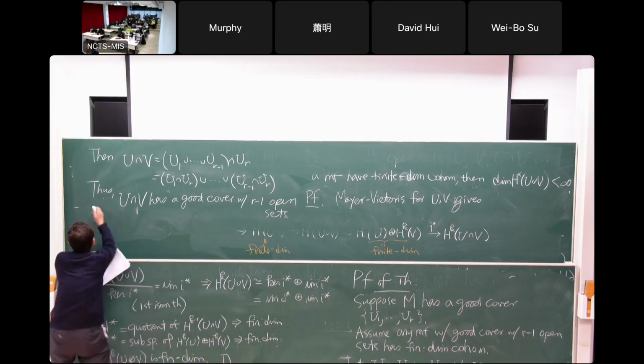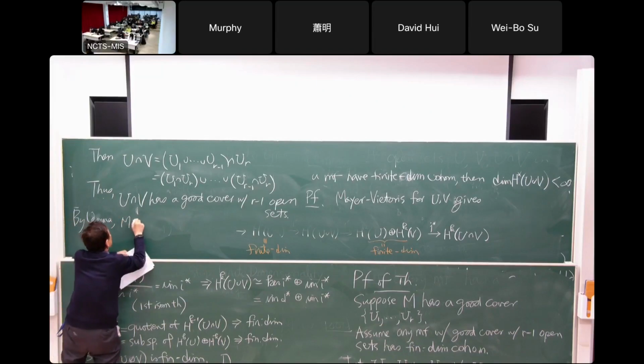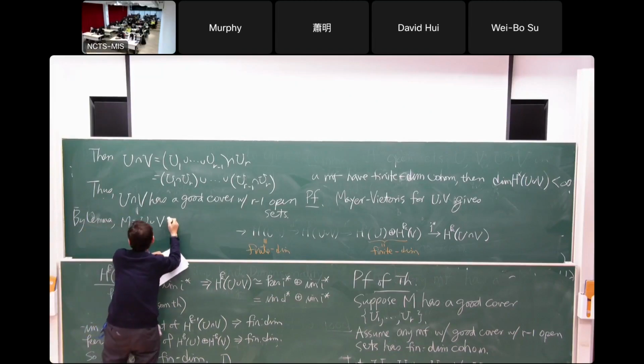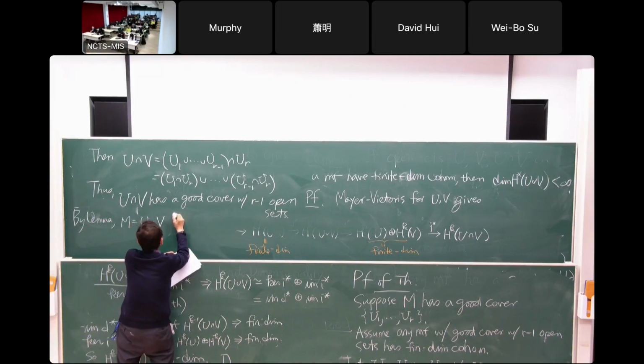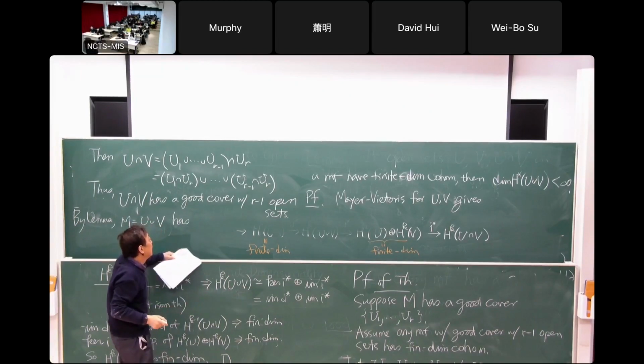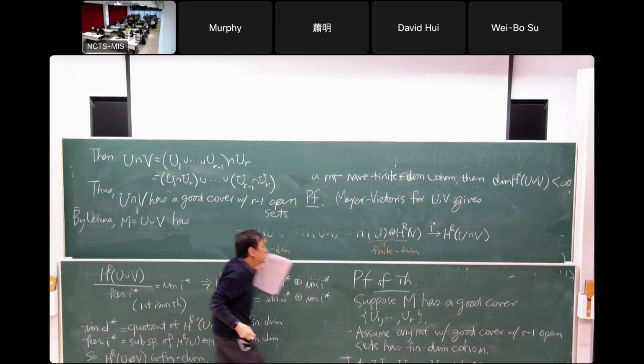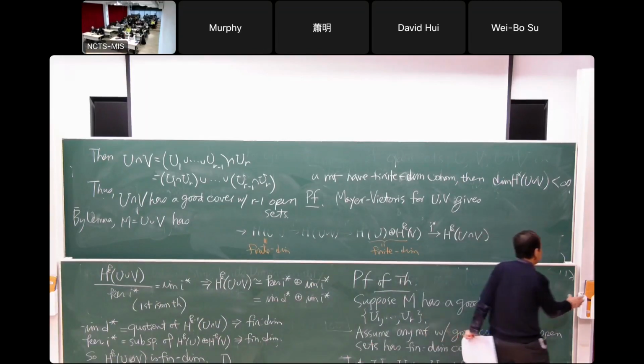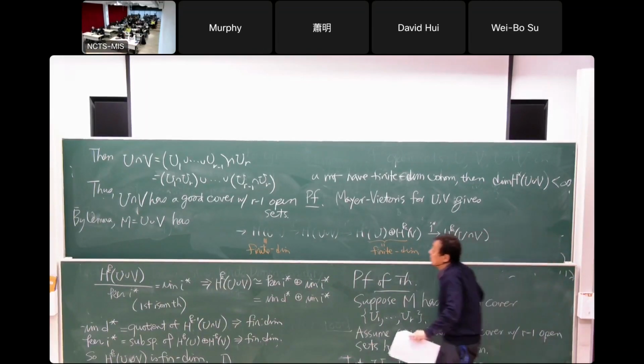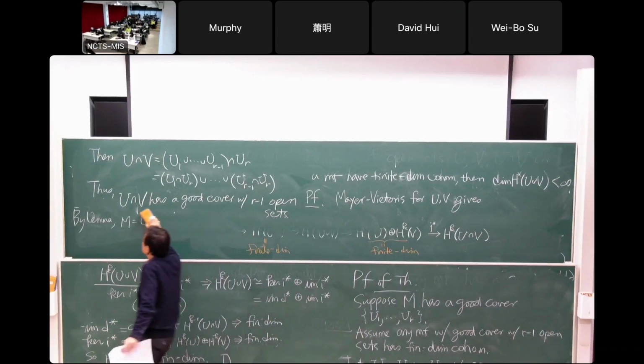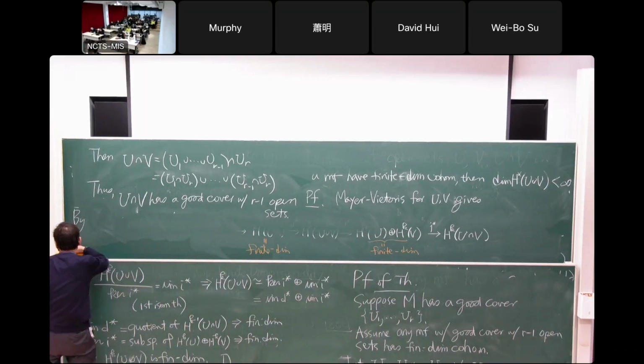And then by the lemma, M, which is the union of U and V, has finite dimensional cohomology. Let me say first that U, V, and the intersection all have finite dimensional cohomology, by the induction hypothesis.